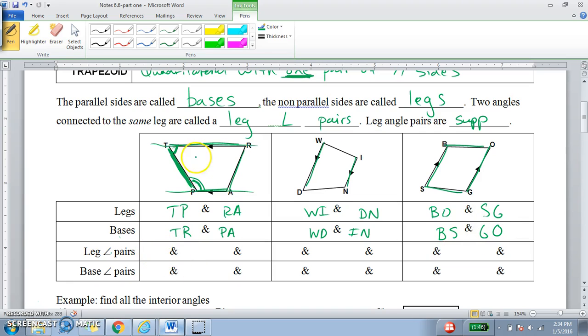Leg angle pairs, here we talked about, so this leg right here has angle P and angle T touching it, so T and P, and then R and A would be the other pair.